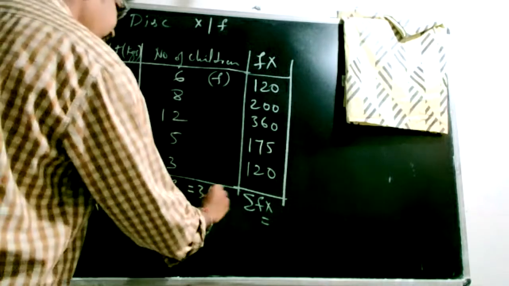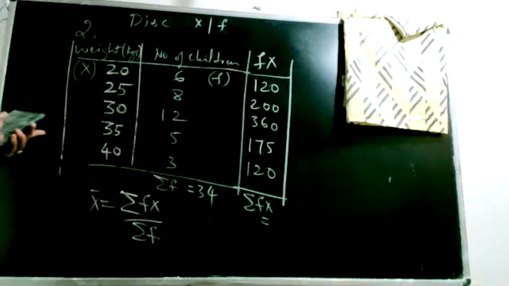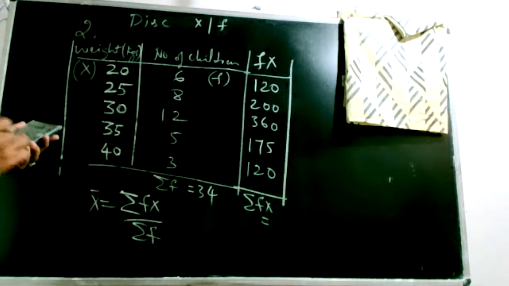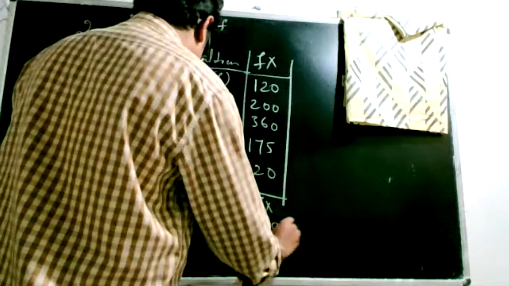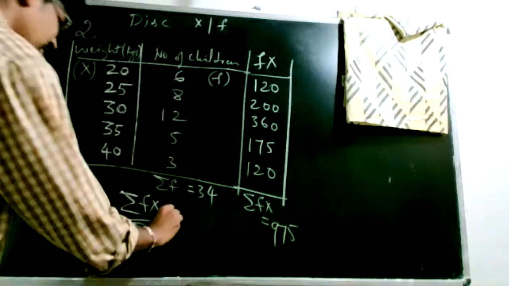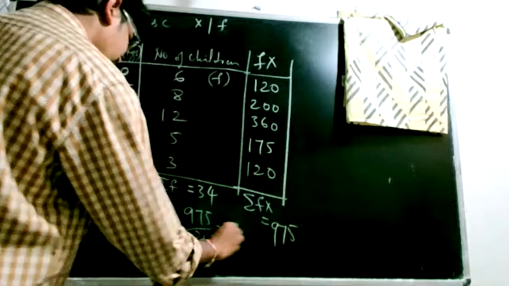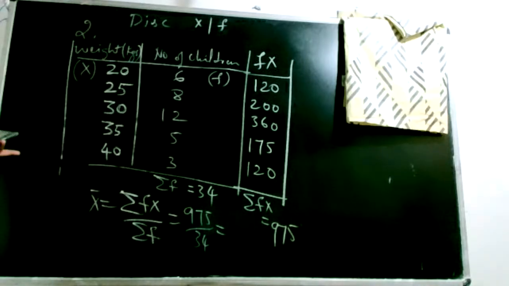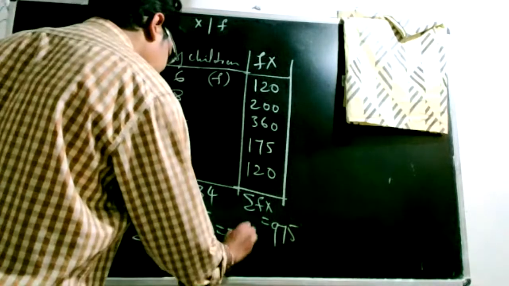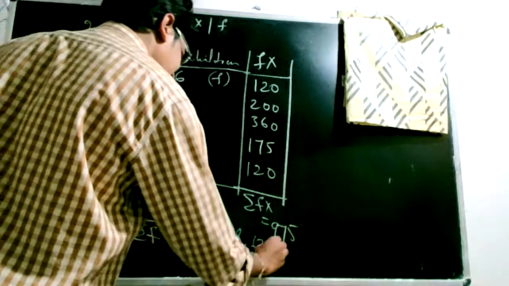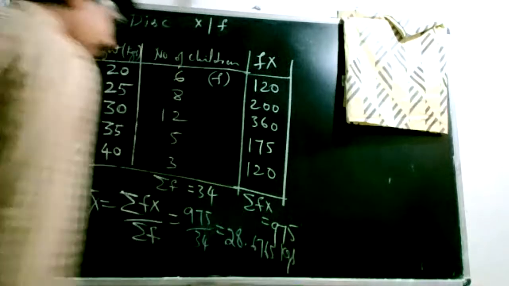This is 34, and 120 plus 200 plus 360, 185, 75, and 120 comes to 975. So arithmetic mean is 975 by 34, which comes to 28.6765 kgs.